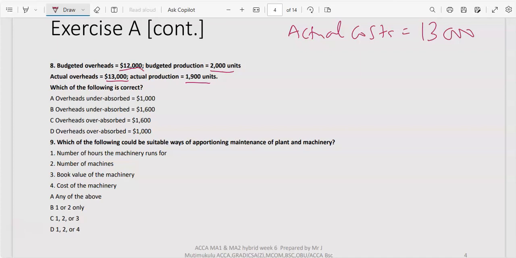Remember, overheads are indirect costs, so they're just costs. So the actual indirect costs were $13,000. Remember these are dollars. And then what about the costs absorbed?